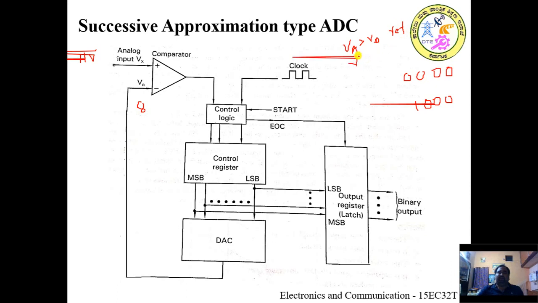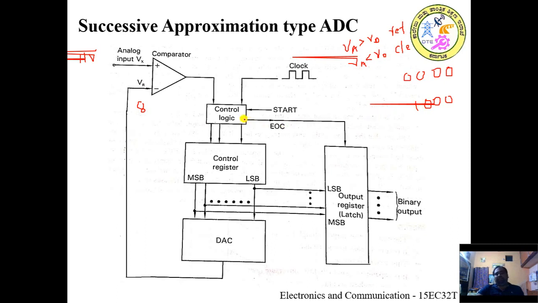If VA value is less than VD, then whatever bit that is set will be cleared. Now looking at this input condition, the VA value is greater than VD. Since VA value is greater than VD, the MSB bit that is set to 1 is retained, so it stays as 1.